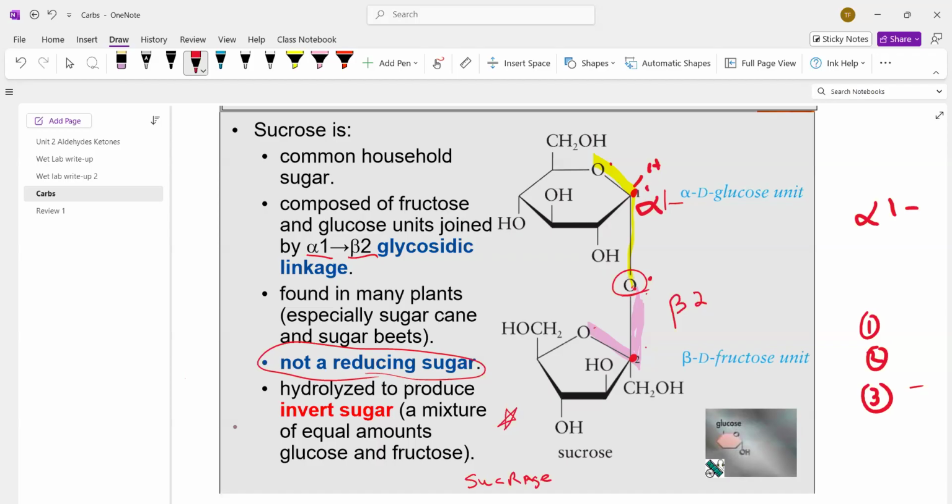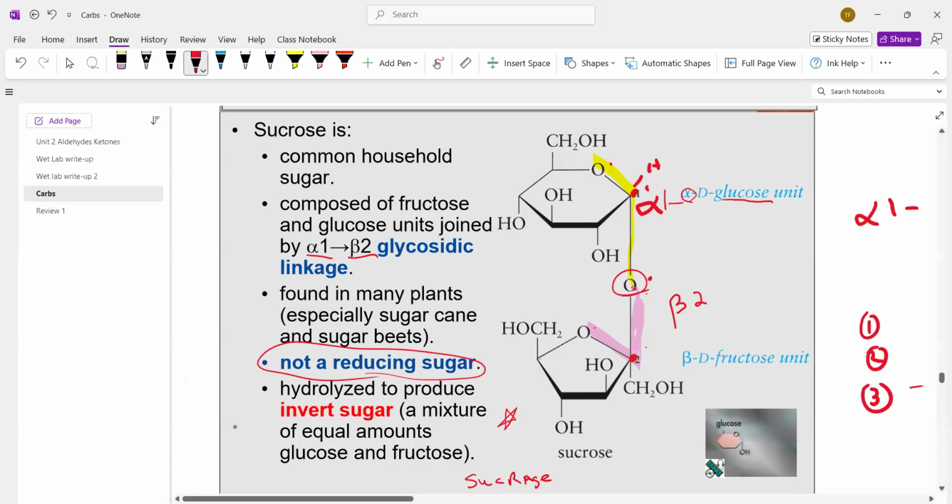With this, we are hooking up not to the C4, or in this case, C5, we're hooking up to the actual anomeric carbon on fructose. So there's two linkages now we have to deal with. The top one, we're working with glucose, and the hydroxyl group is going down, so that means it is an alpha glucose.